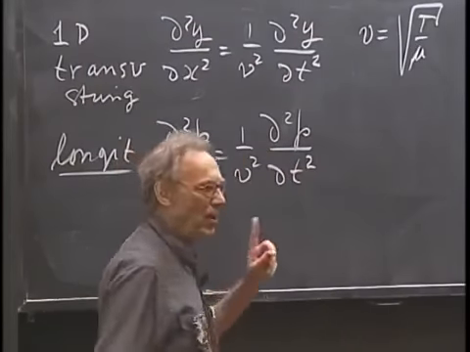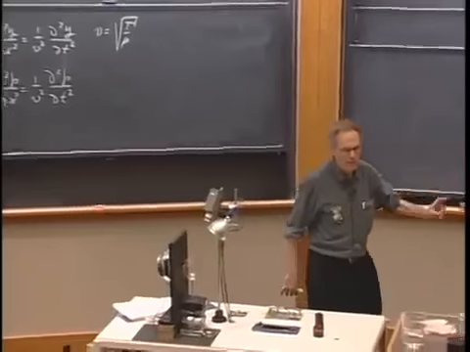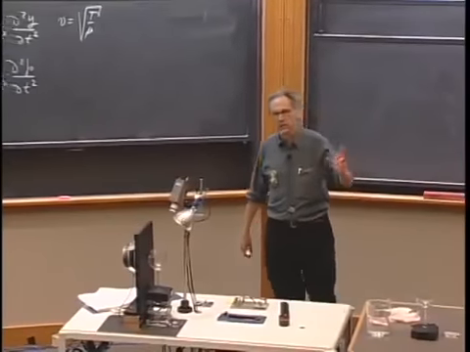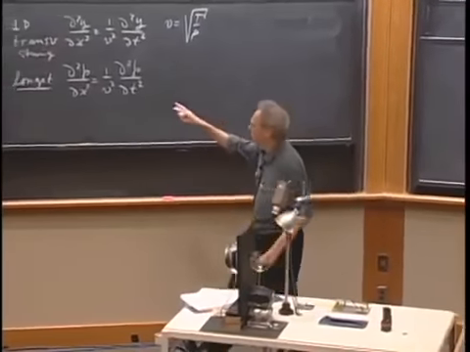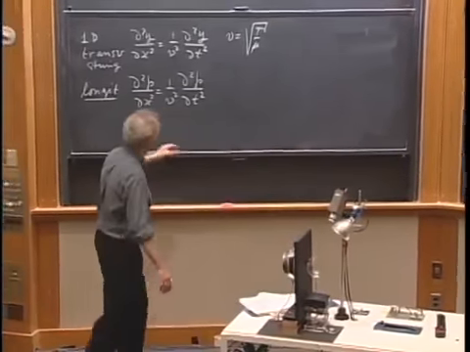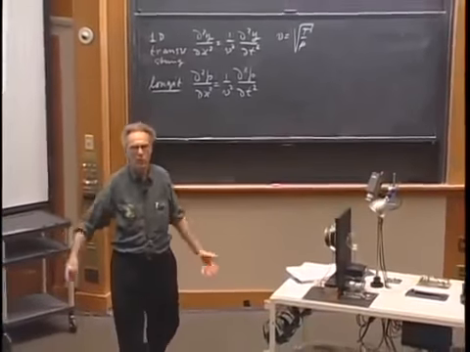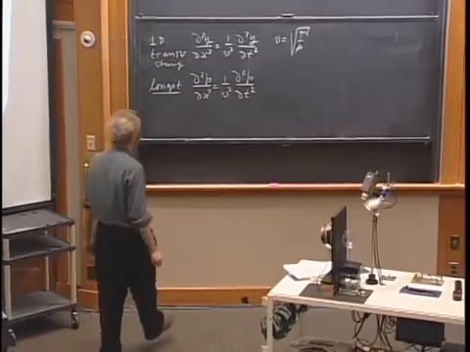P then, being positive, would be over pressure, over and above the ambient 1 atmosphere, and if it's negative, then it is below. So it's not the total pressure, but it is the over pressure. And v then is the speed of sound, which in air, at room temperature, is about 340 meters per second.